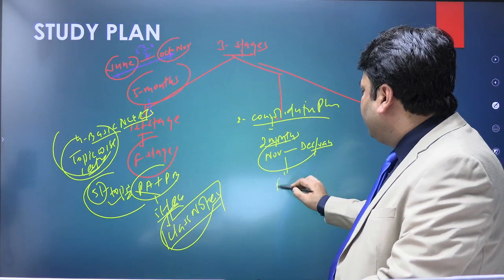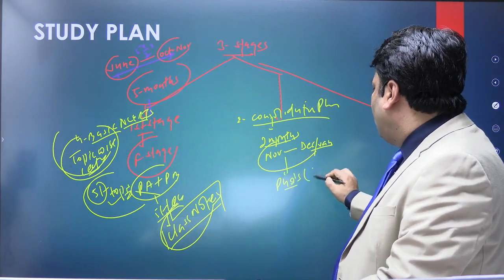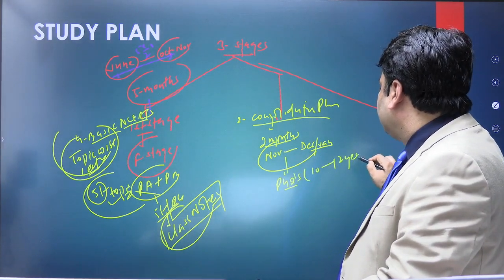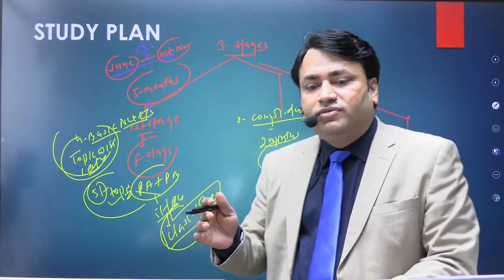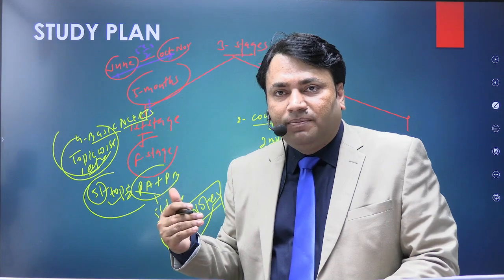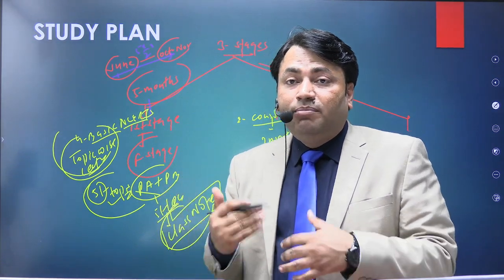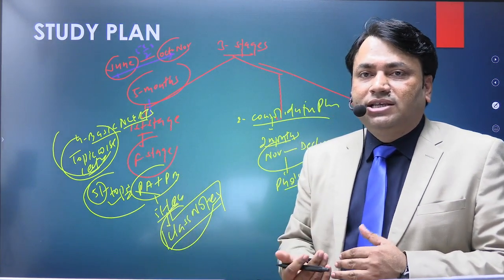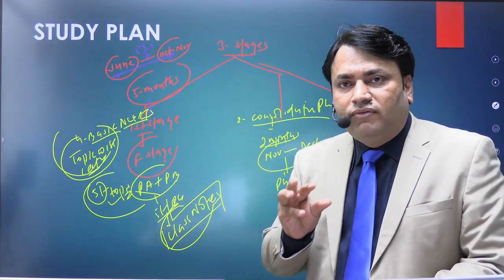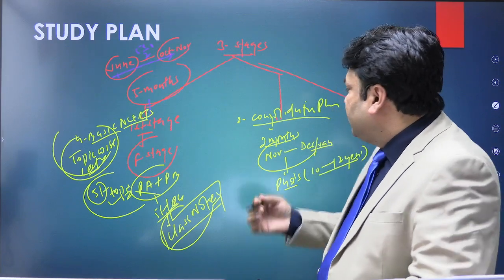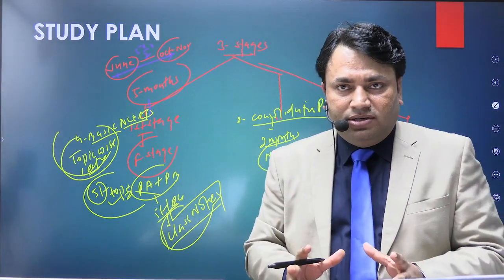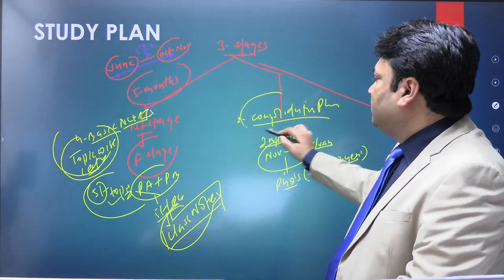And I will cover PYQs of the last 10 to 12 years, right? And covering PYQs means what? Like classes, I will discuss the answer of each and every question that has been asked in the last 12 years. So that is called the consolidation phase.